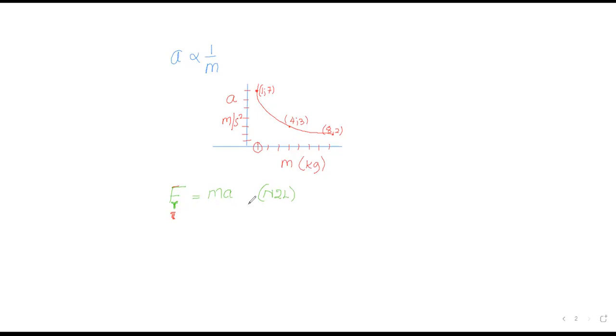Now, let's look at an example here. Let's go to the next page here, and then we look at this body here.